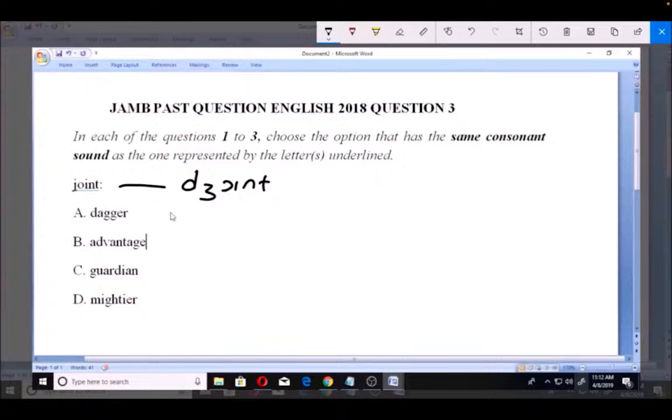Then for dagger we have D. This is dagger. Then for advantage we have advantage. Now for guardian we have guardian.